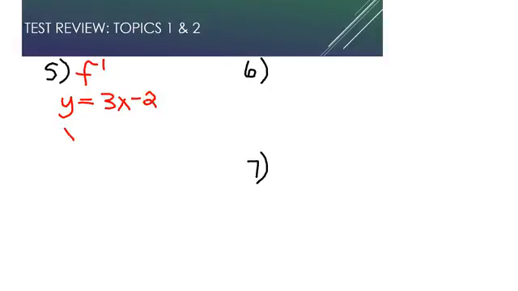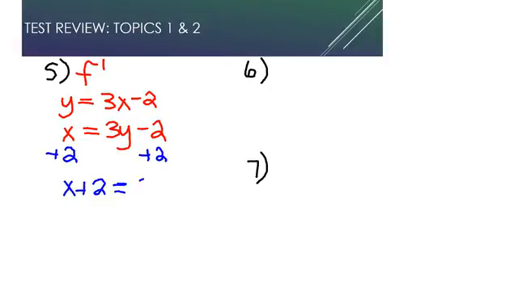So I'm going to switch the x and the y. Okay. Be careful when you're doing this. In order to get that 2 on the other side, you want to add it to both sides. These are not like terms. You have to write them. X plus 2 equals 3y. Okay.